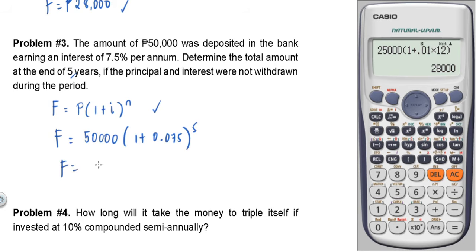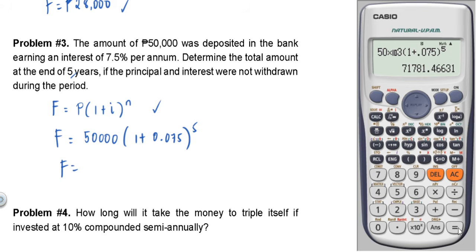There. So, F is equal to 50K. So multiply by 1 plus 0.075 raised to 5.